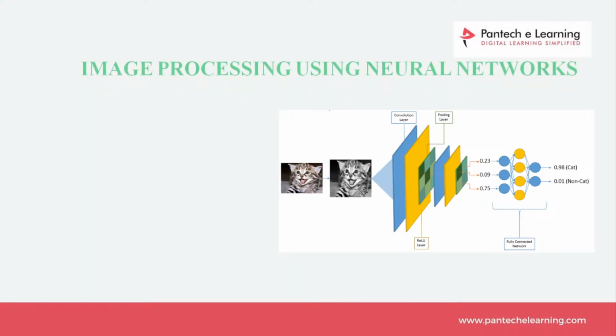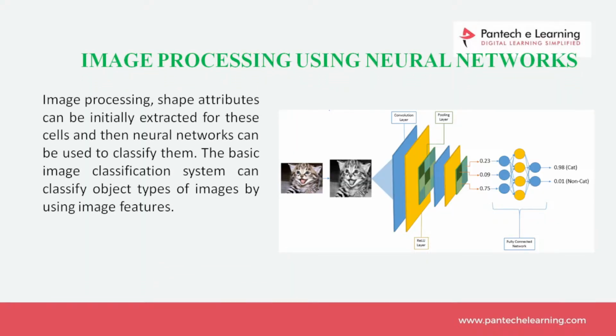So coming to the next one, if you want to use image processing with neural networks, as I said already, it is for classification purposes, and for training purposes. Definitely this image processing works for neural networks.